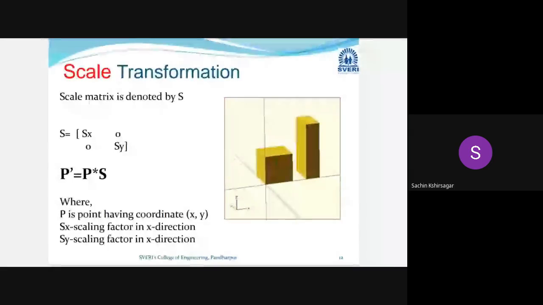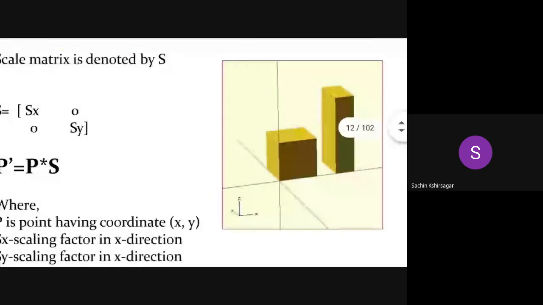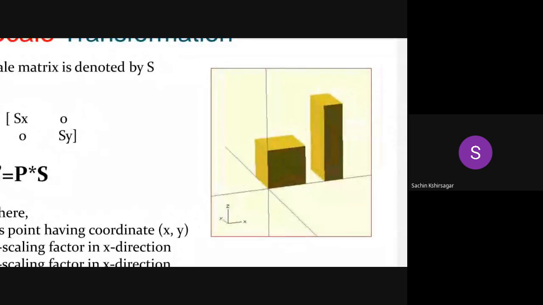If you see in the image here, this is one cube, and in the next slide this cube is scaled vertically and horizontally also. This is nothing but increasing or decreasing the size of the geometric model.